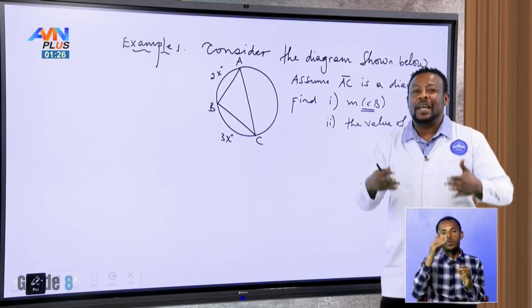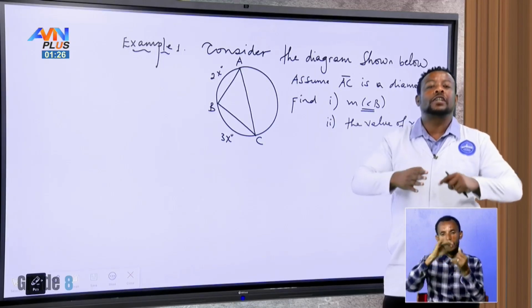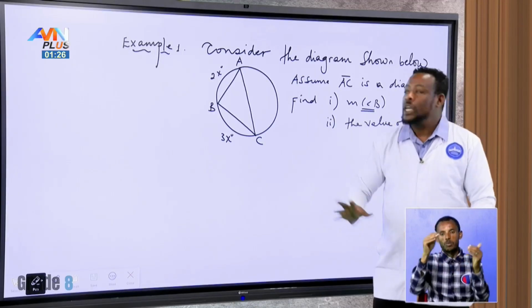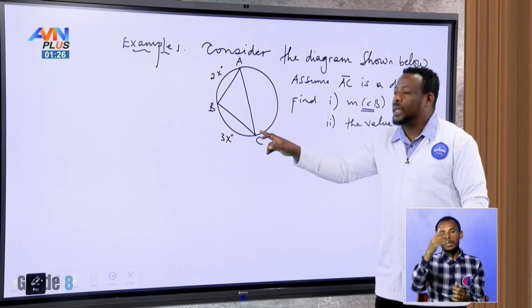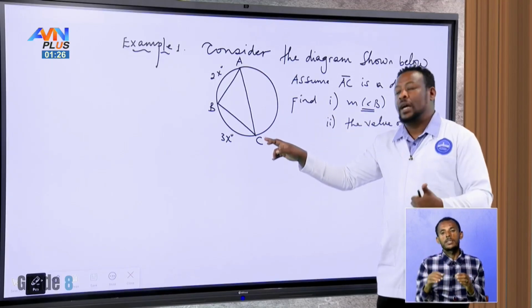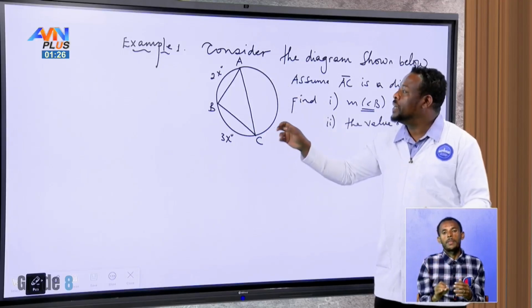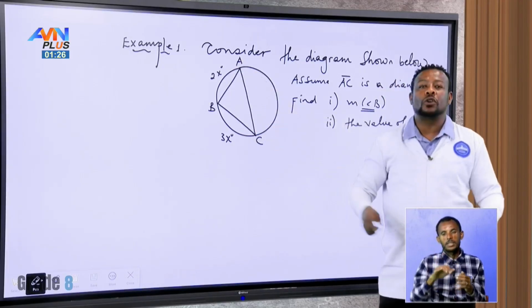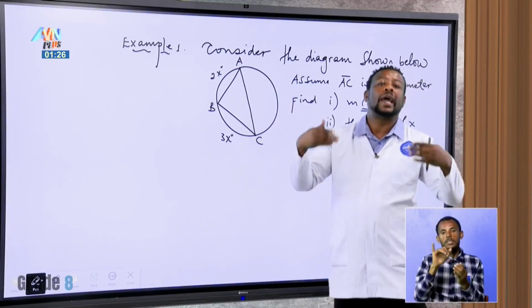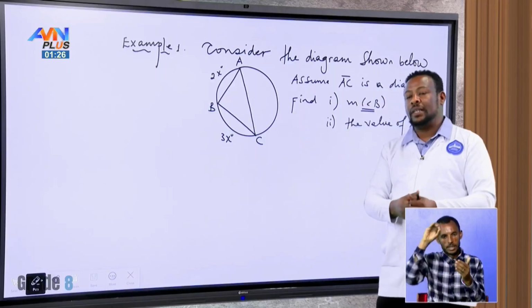You all know that the diameter of a circle divides the circle into two equal parts. So AC will be a semicircle, which is 180 degrees. Its degree measure becomes 180 degrees. Similarly, the remaining portion of the circle is a semicircle, and its degree measure is 180 degrees.